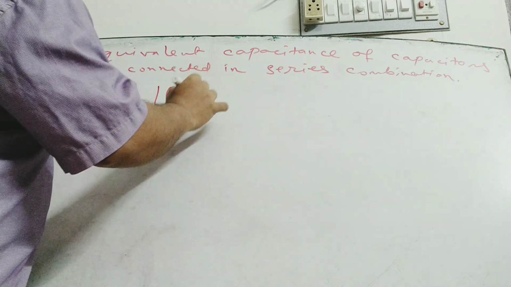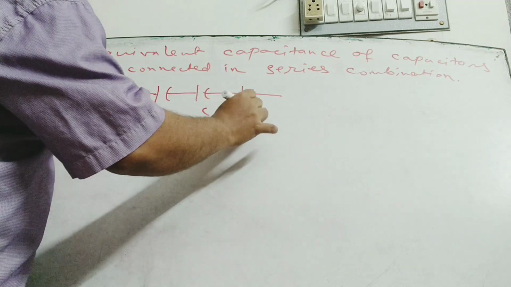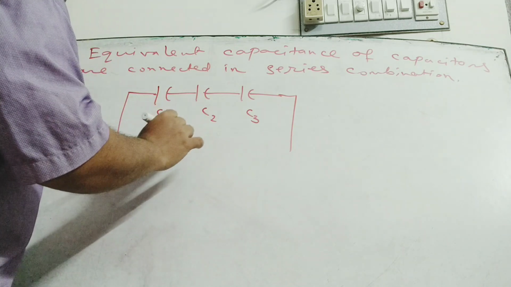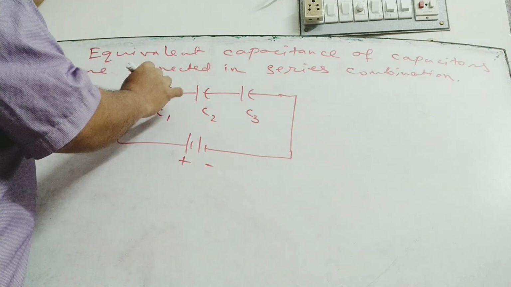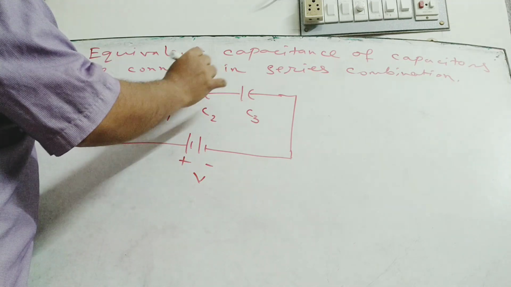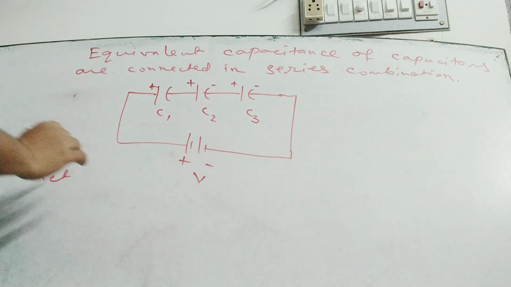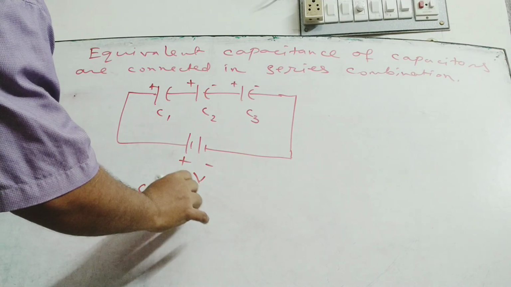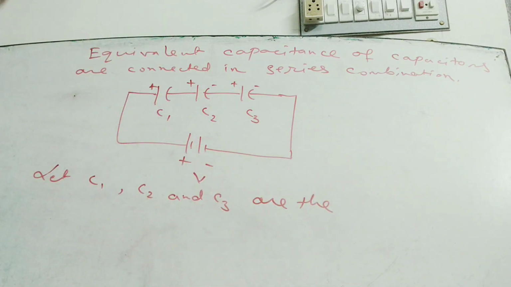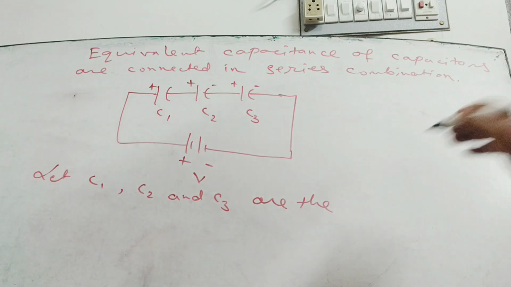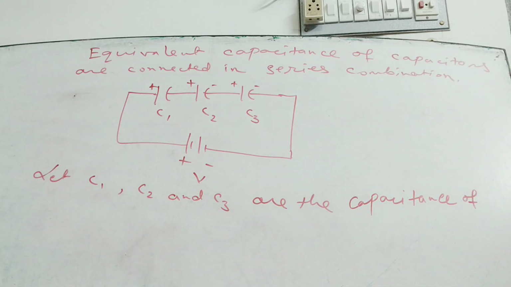Let us consider some capacitors having capacitance C1, C2 and C3 connected in series with a cell having potential difference V. Let C1, C2 and C3 be the capacitance of the three capacitors.